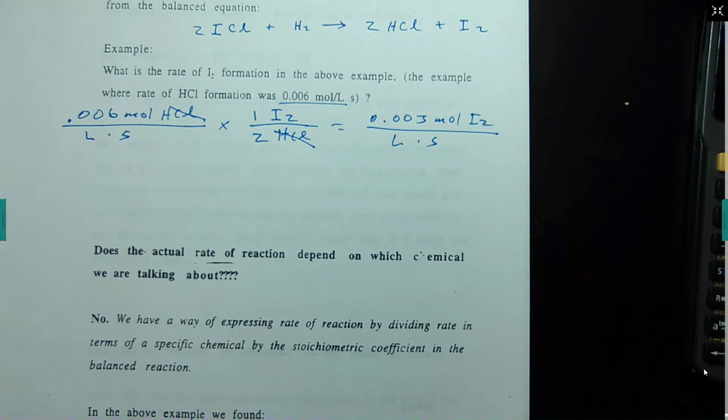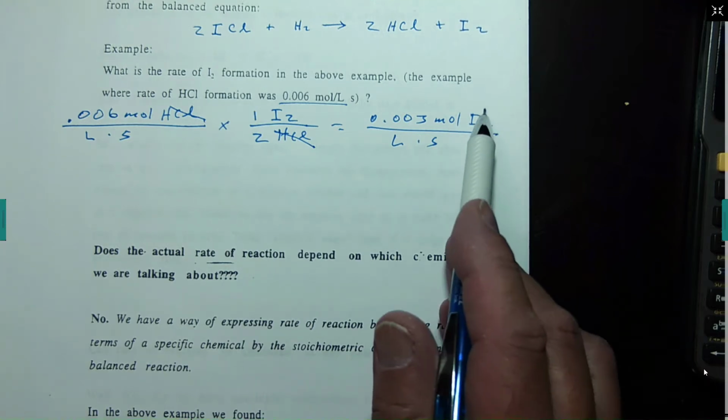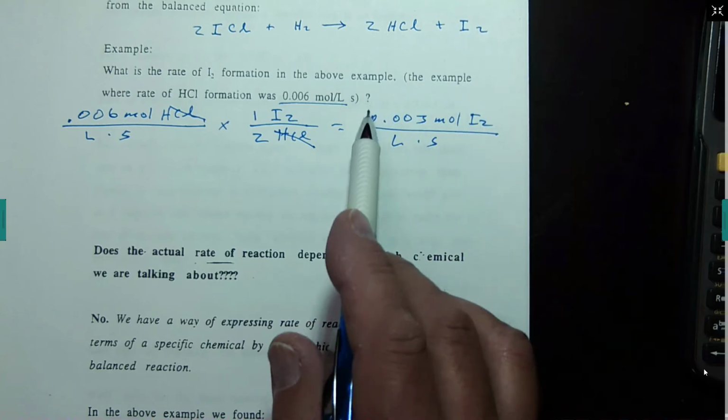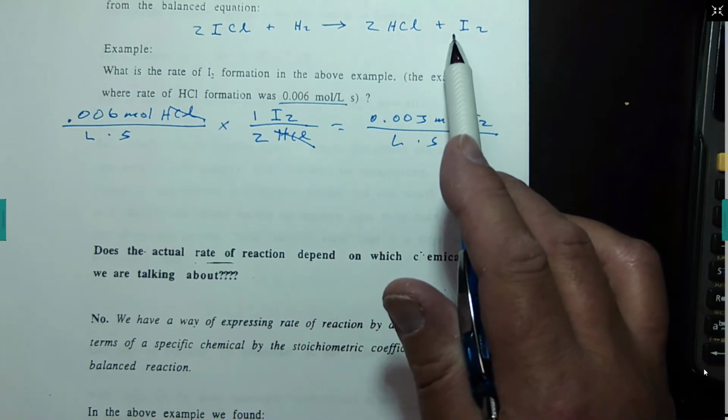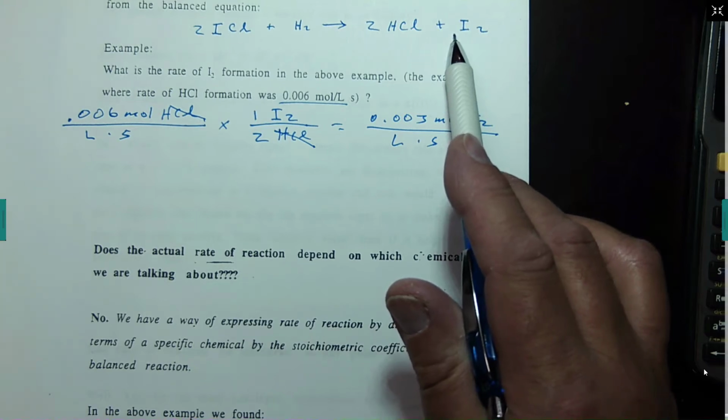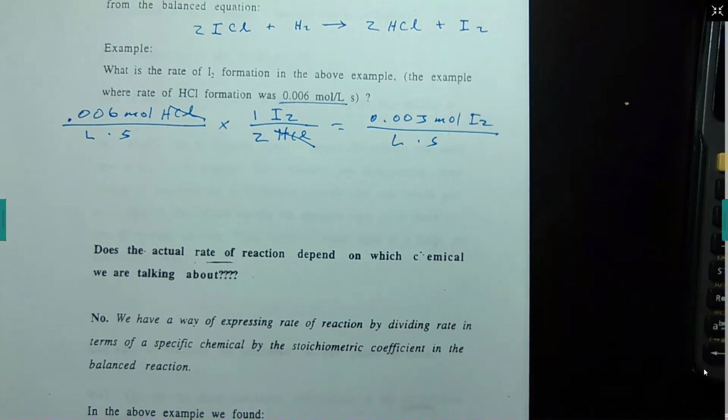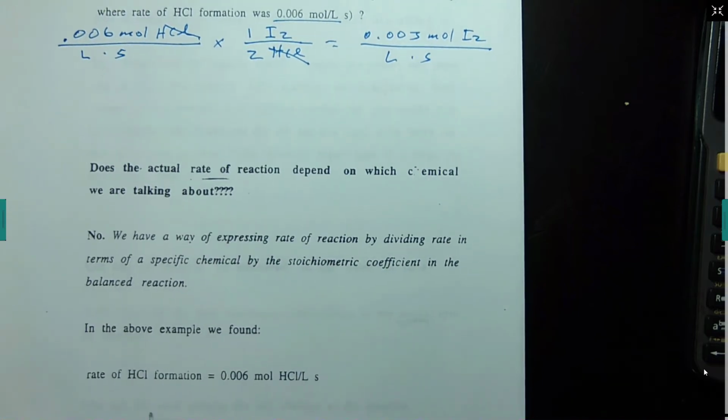It turns out if you get a rate in terms of a particular chemical and you divide it by the coefficient from the reaction, that gives you the rate of the reaction. So the rate of the reaction is going to come out the same no matter which chemical is being measured. For instance, we just found in that above example, hydrochloric acid is being formed this fast.